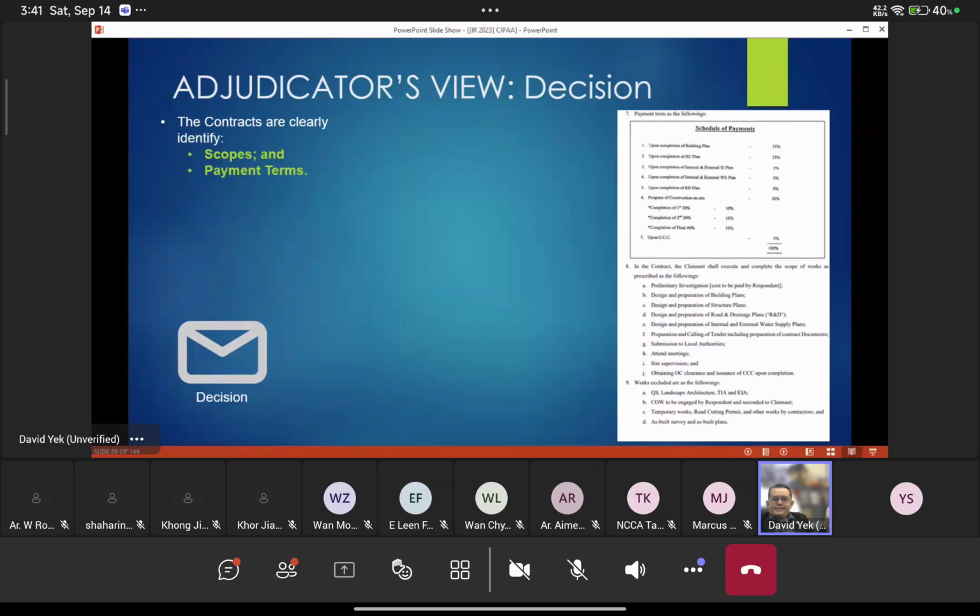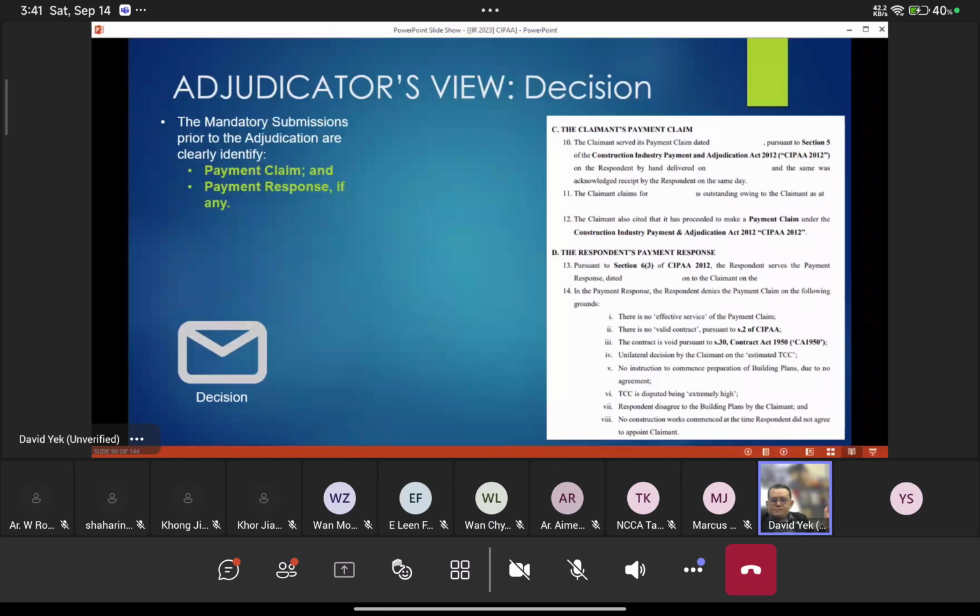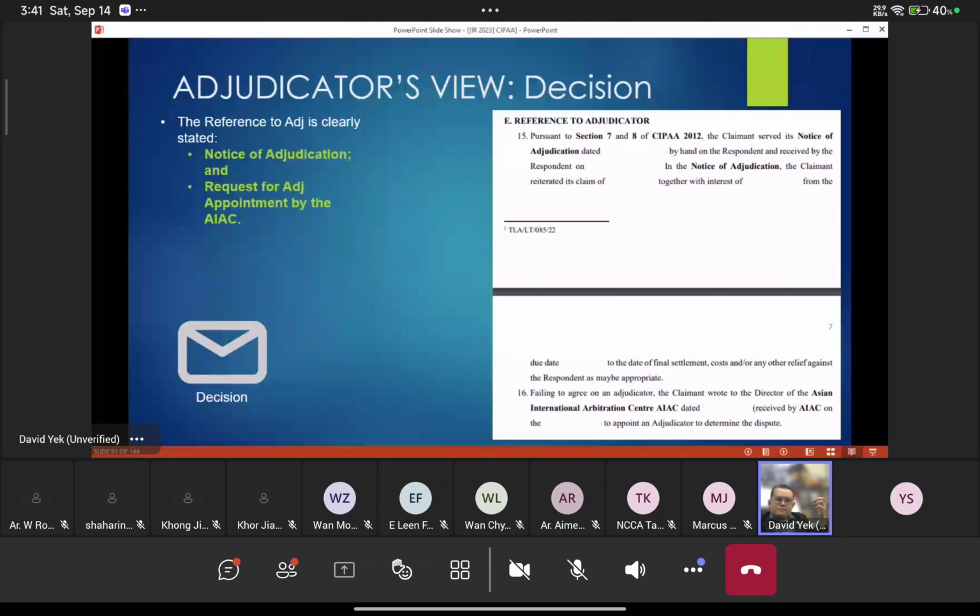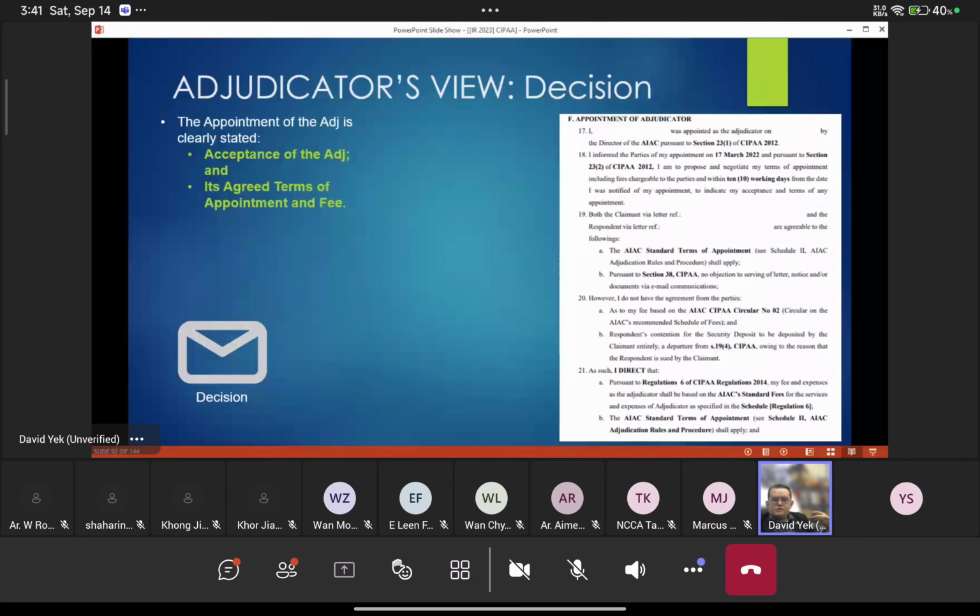Okay. And then there is also the mandatory submission, for example, the payment claim, when you receive the payment claim, when you receive the payment response, and so on. Then after that, when is the notice of adjudication being made? When is the request for adjudication appointment being made, and so on and so forth. Then the acceptance of the adjudication and the agreed terms.